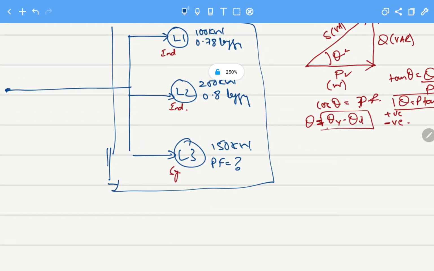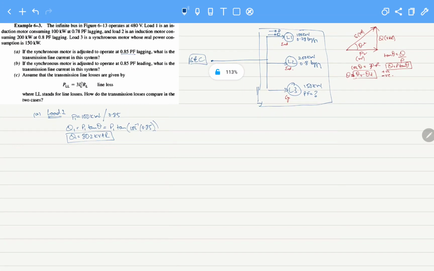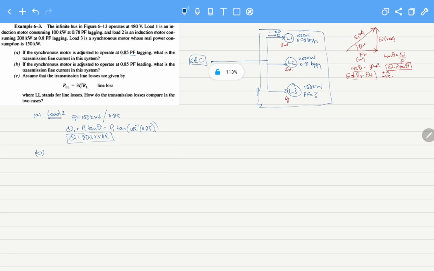As it is positive, this means that the first induction motor is consuming P and it is also consuming Q.